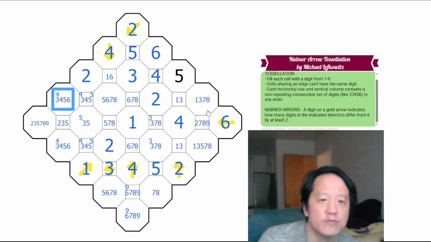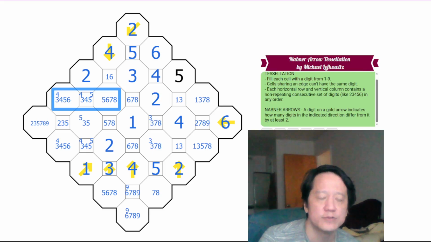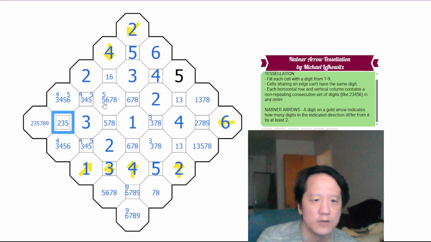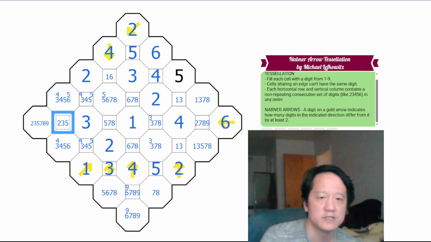Where is 5 in row 4? Cannot be any of these digits, can't be here. It must be one of these 3. So this is 5, which means this can't be 5. It shares an edge with all of them. This has to be 3, which means this cannot be 2, 3, 4. It has to be 4, 5, 6. So this is not 2 or 3, it's 5.